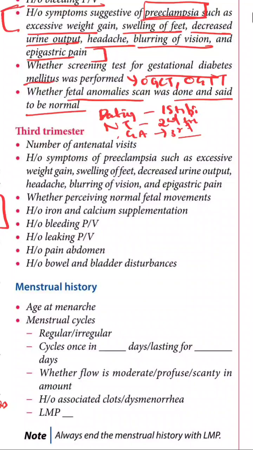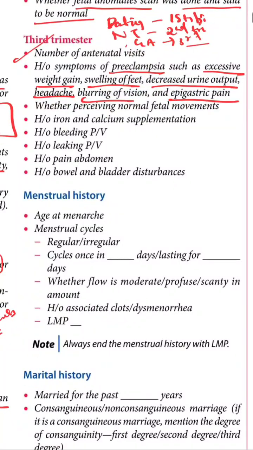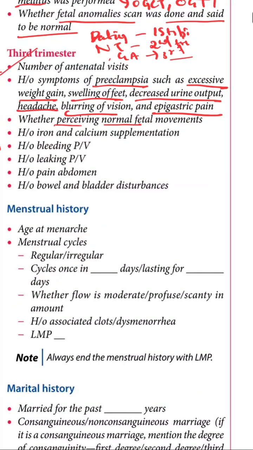So again ask for the number of antenatal visits, history suggestive of preeclampsia: excessive weight gain, swelling of feet, decreased urine output, headache, blurring of vision, epigastric pain, whether perceiving normal fetal movements or not, history of iron and calcium supplementation, very important. So 60 milligram elemental oral iron. What is the dosage of folic acid?